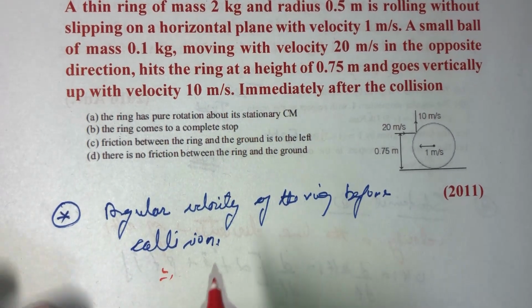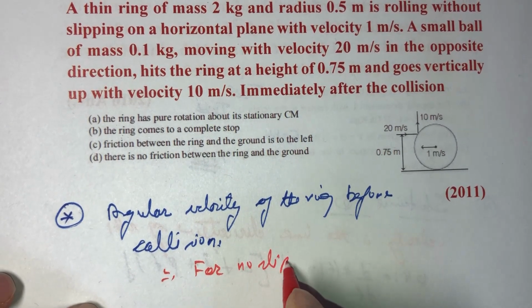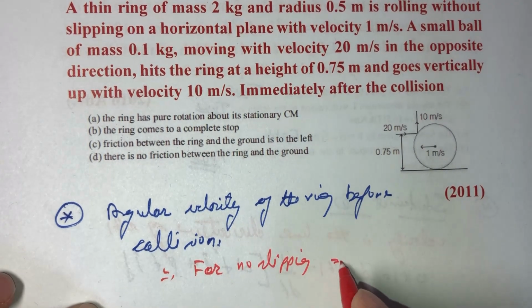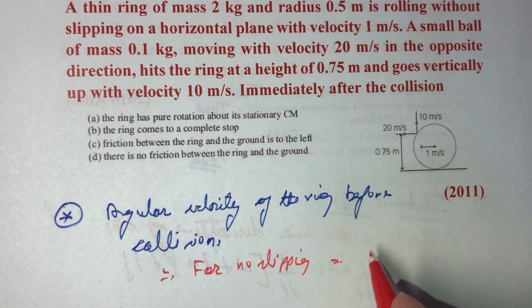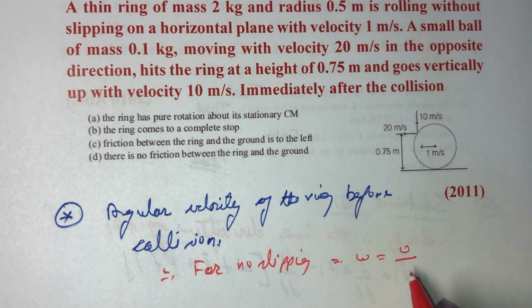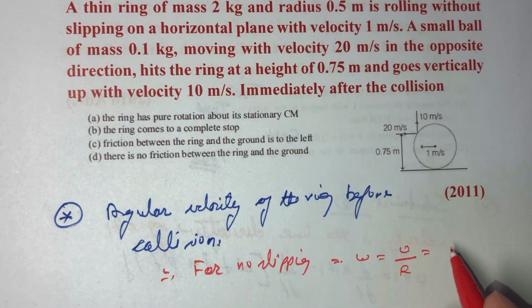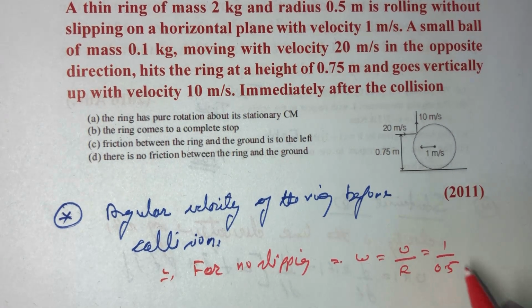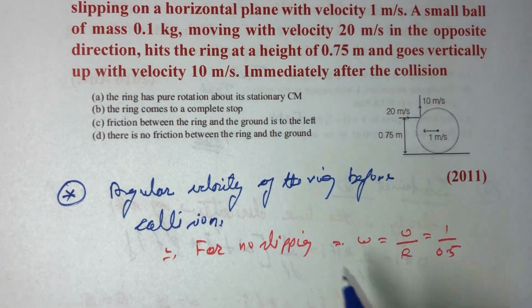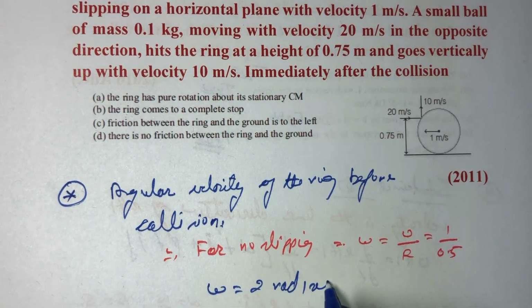So for no slipping, we can use the relationship that omega, the angular velocity, is equal to the linear velocity of the center of mass divided by its radius. The velocity is given as 1 meter per second and the radius is 0.5. So the angular velocity of the ring before the collision, omega, will be equal to 2 radian per second.